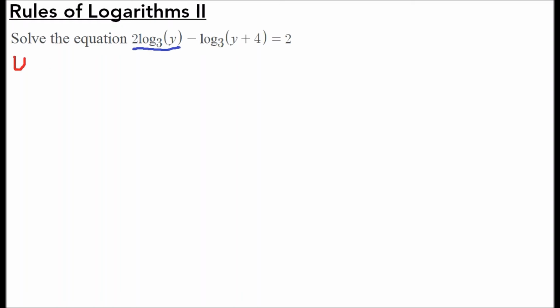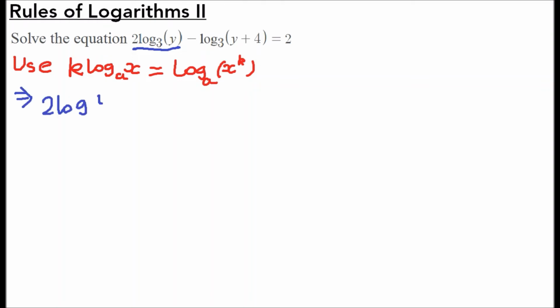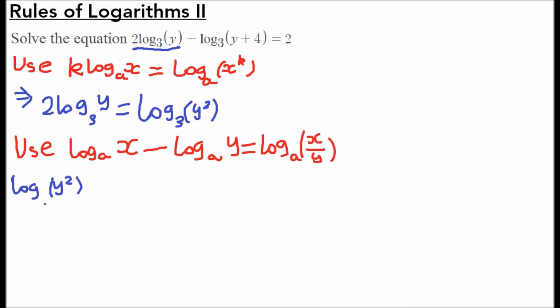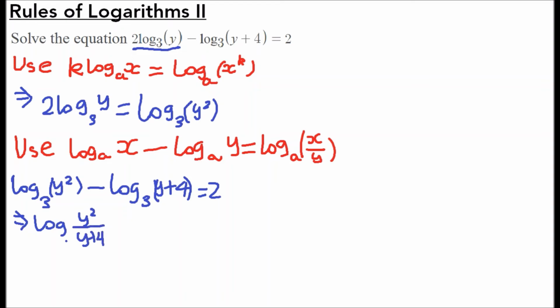Okay, so you'd first apply the power law to get log y squared to base 3. Then you apply the division law and get log y squared over y plus 4 to base 3 equals 2.